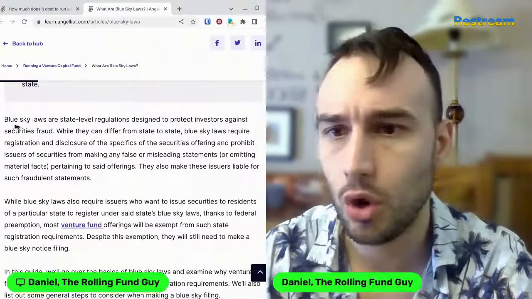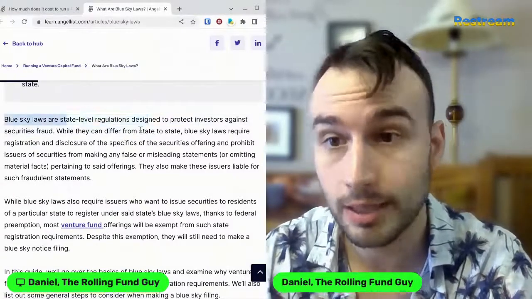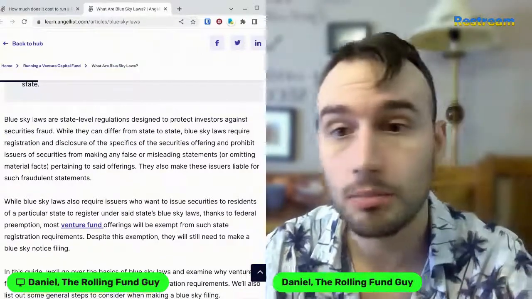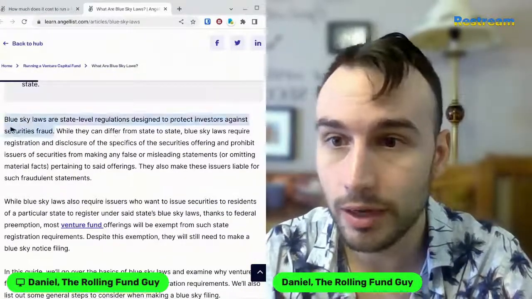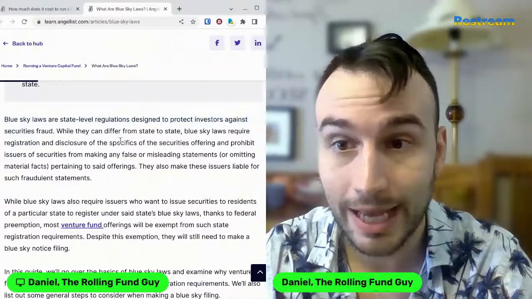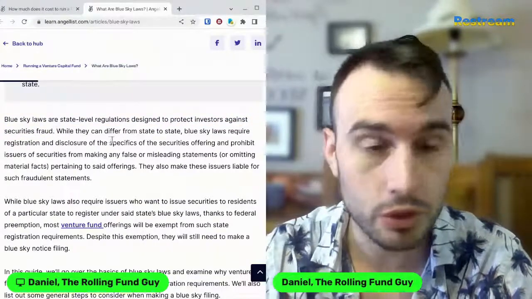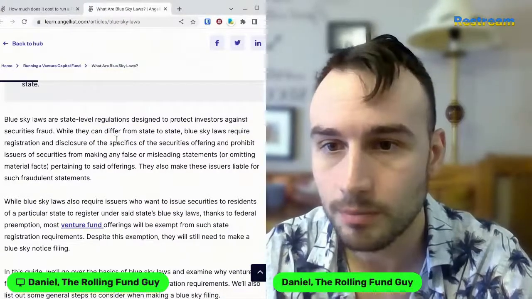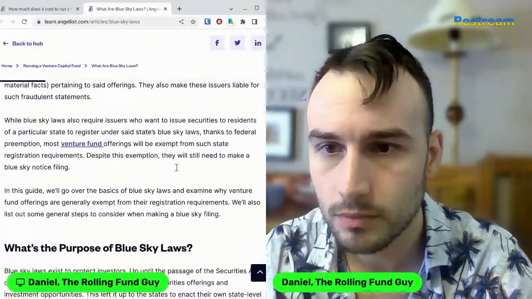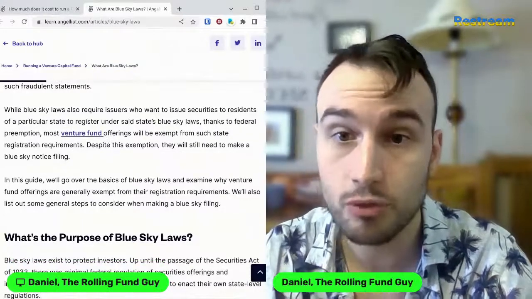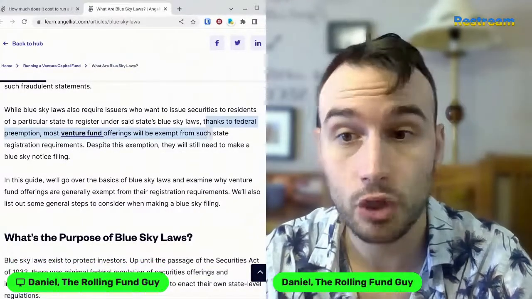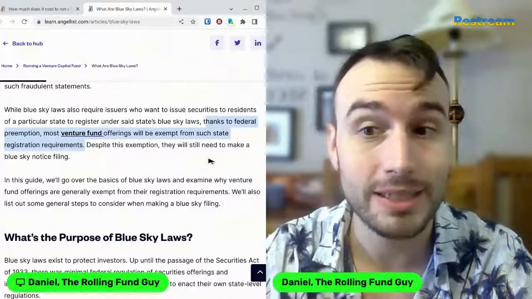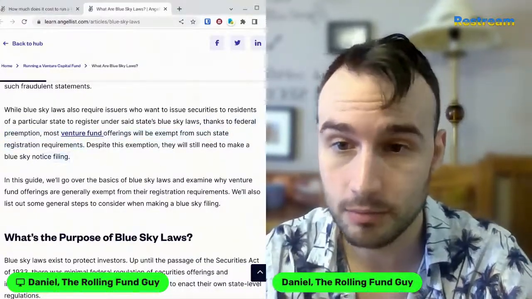Blue sky laws are state-level regulations designed to protect investors against securities fraud. Good intentions. We all have different opinions on whether laws actually accomplish what they're supposed to, but it's a good intention to protect Main Street investors. Thanks to federal preemption, most venture funds are exempt from such state regulation, but they still need to make a notice filing.